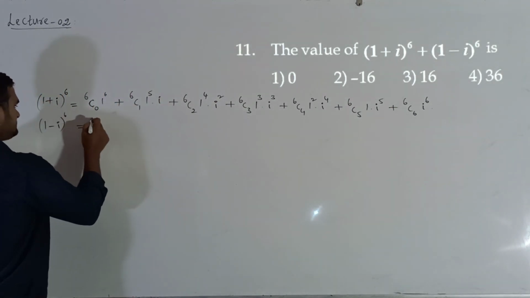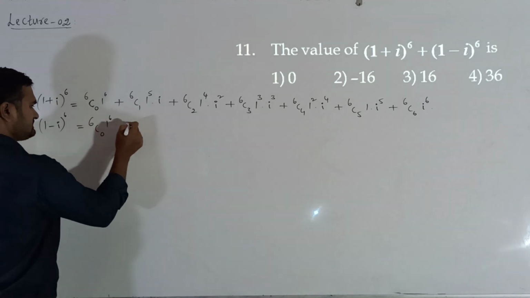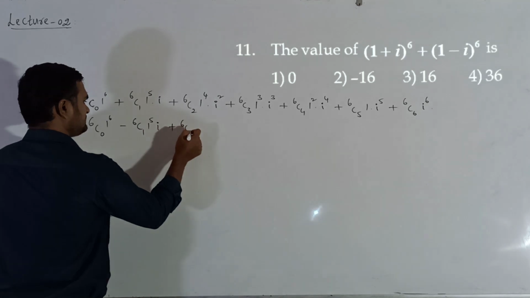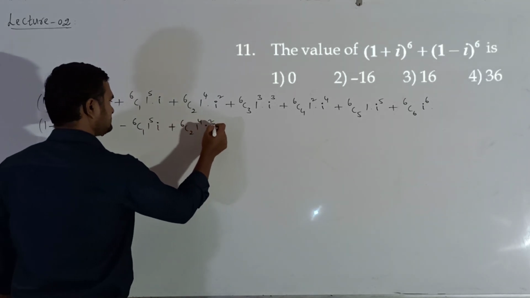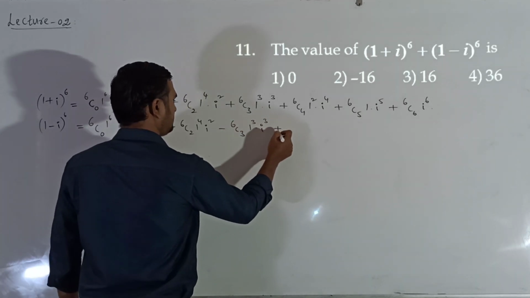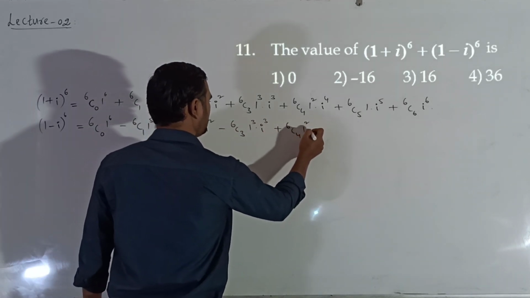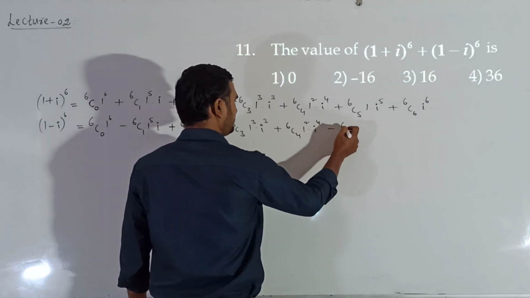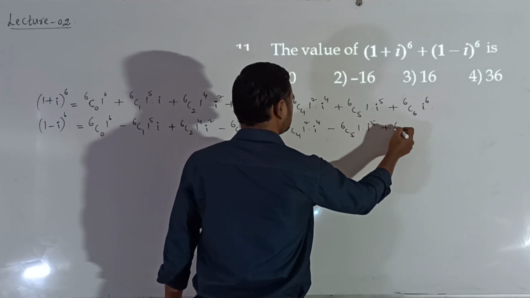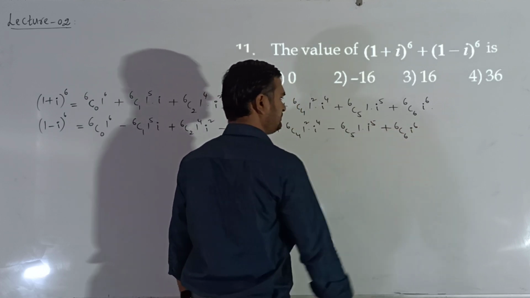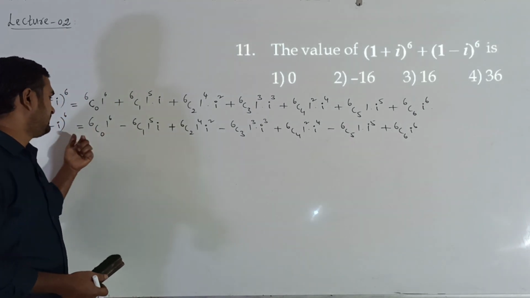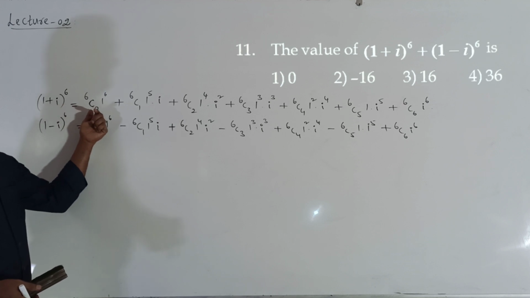So (1 - i)^6 we can write as 6C0 1^6 minus 6C1 1^5 into i plus 6C2 1^4 into i^2 minus 6C3 1^3 into i^3 plus 6C4 1^2 into i^4 minus 6C5 1 into i^5 plus 6C6 i^6. We write alternately positive and negative whenever it is in the form (a - b)^n.